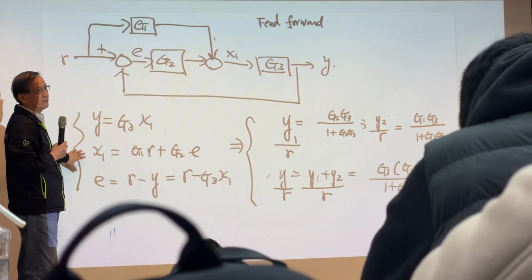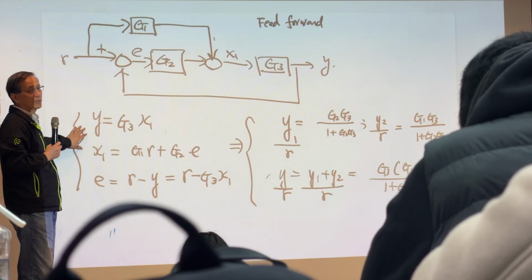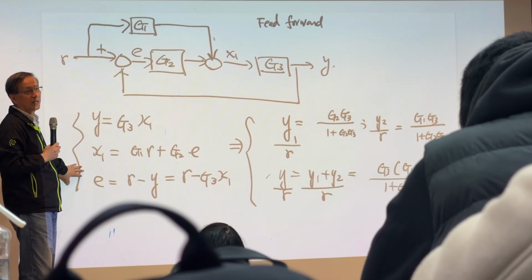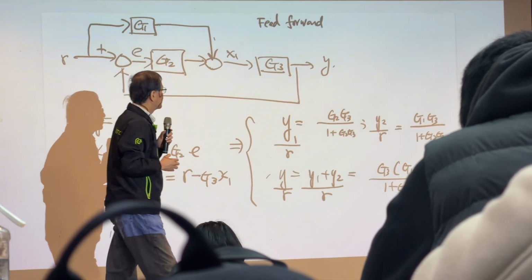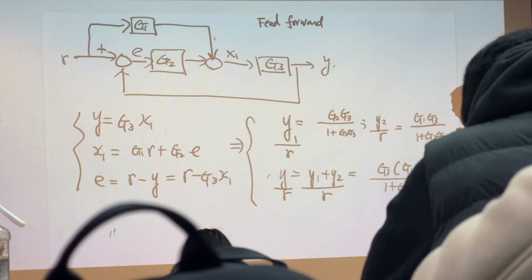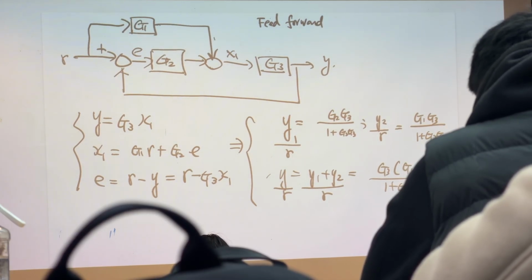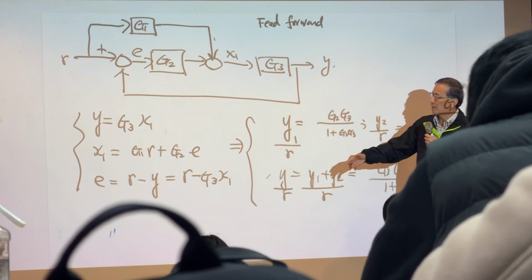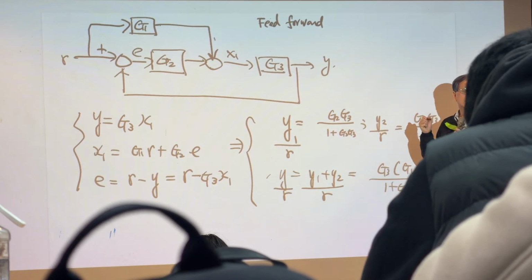Okay, I'll give you this as homework to do your own derivation, okay? But I can show you the result at the end. The Y over R is this one. I can also use a very simplified method to do it, but no matter what, I'll let you try this on yourself, okay?